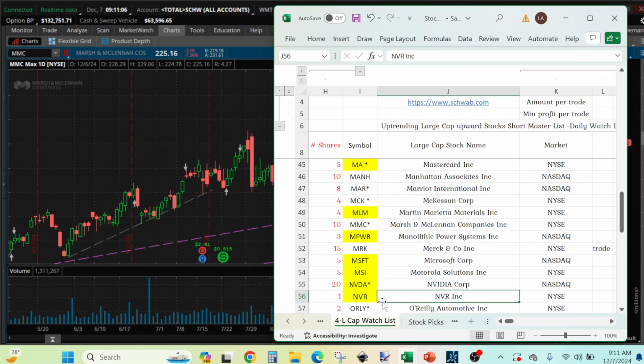NVDA. It's on this line, but we are targeting this line because it's not too far and it flooded with air.